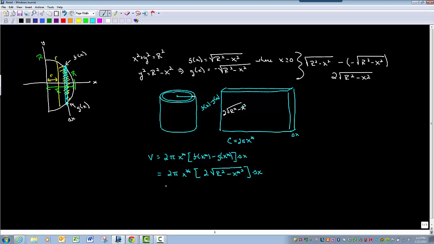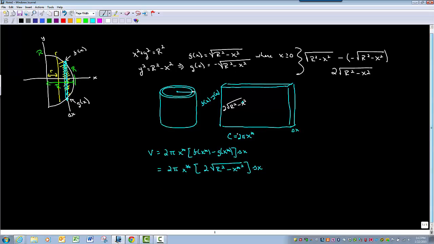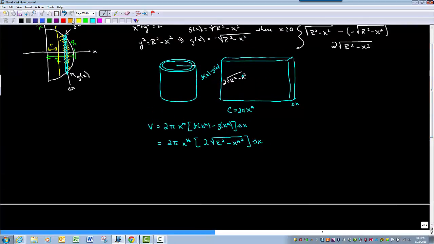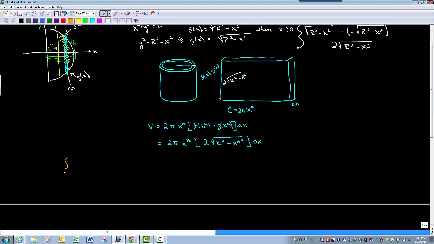Okay. Now what we want to do is, we've got a whole bunch of these cylinders that are being stuck in here. There's a little cylinder here, another one here, another one here. Okay, they're all over the place. So what we want to do is add up all of the cylinders.